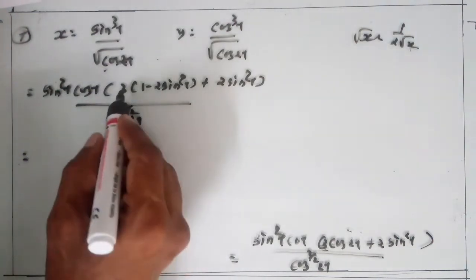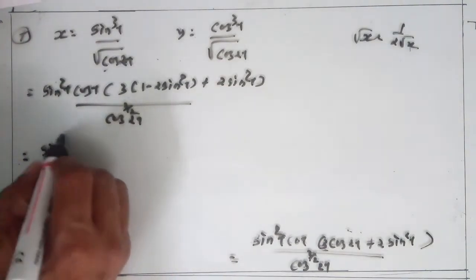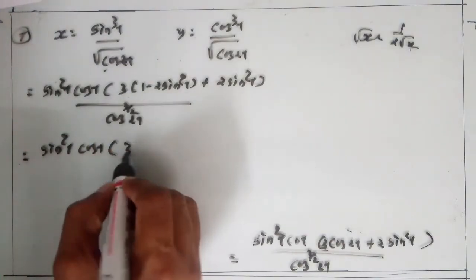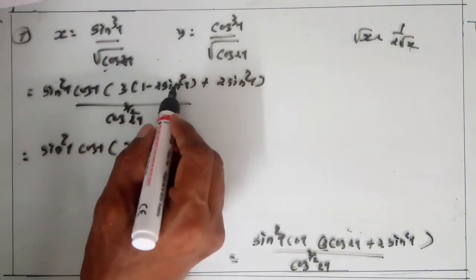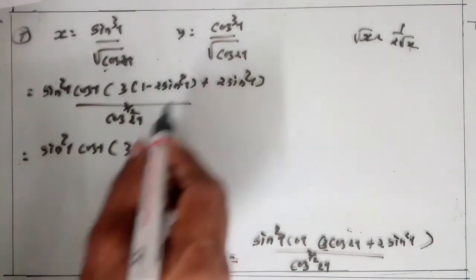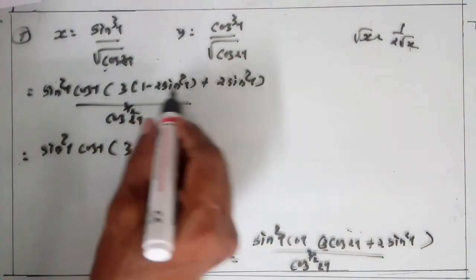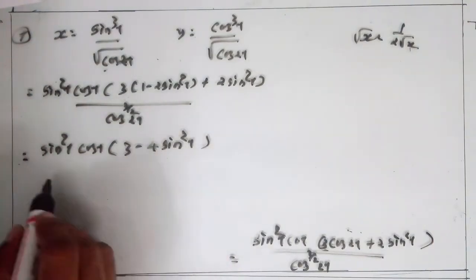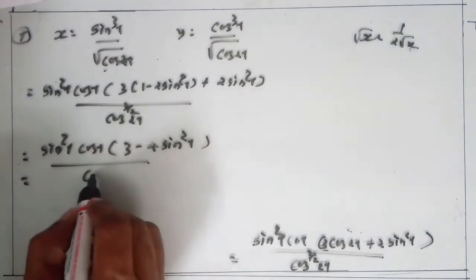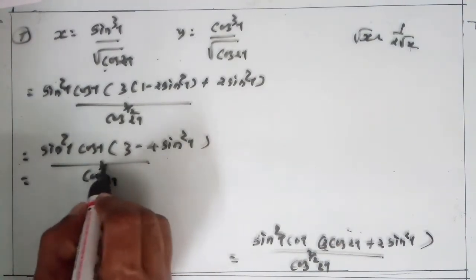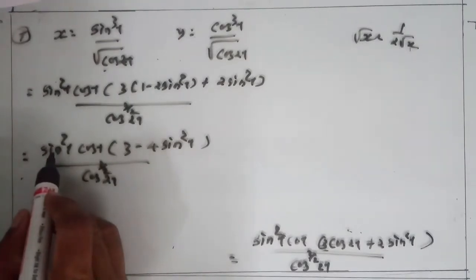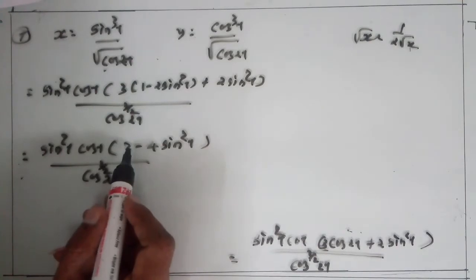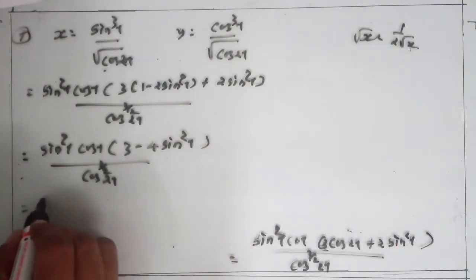So it is equal to, 3 take inside, so we get sin square t cos t into 3 minus 3 times 2, that is 6 sin square t, and plus 2 sin square t. So minus 6 sin square t plus 2 sin square t becomes 4 sin square t, upon cos 2t raised to 3 by 2. Here from this sin square t, one sin take inside, here we get 3 sin t minus 4 sin cube t, and this becomes one formula.